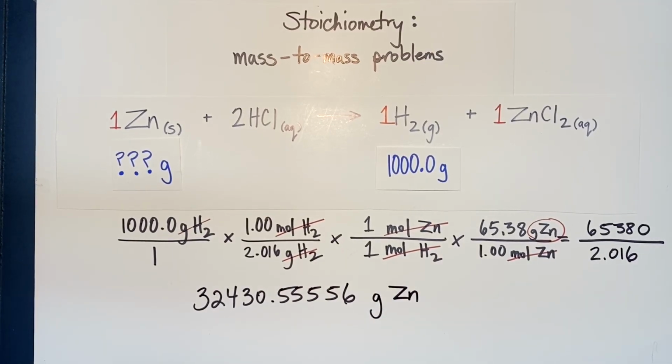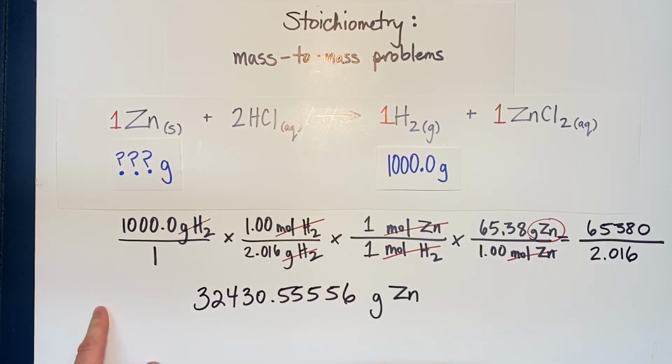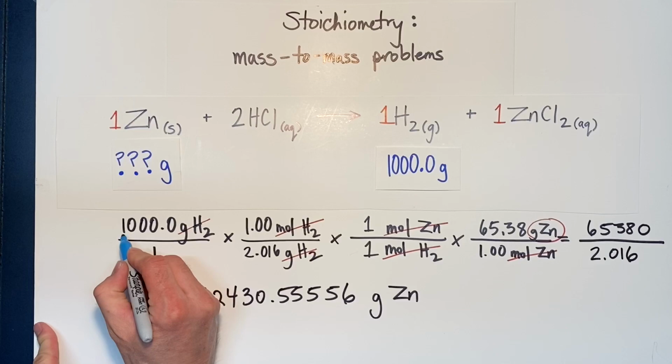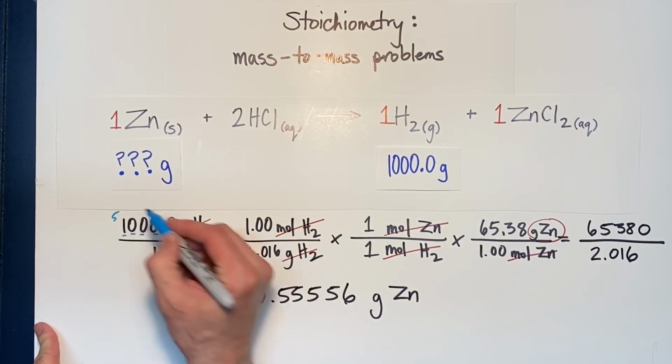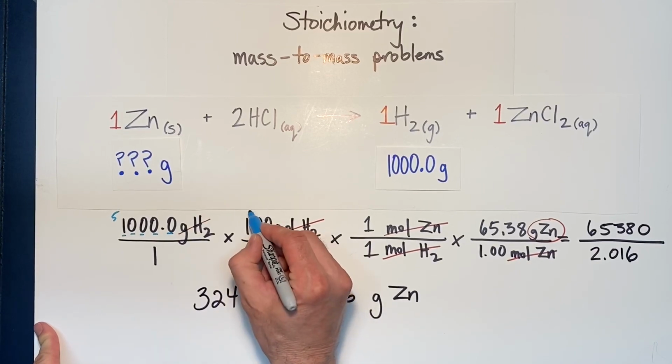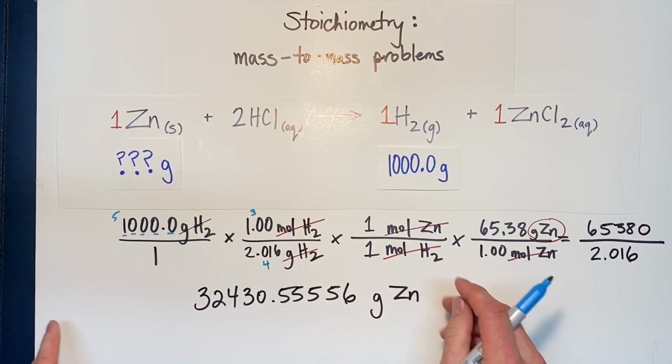So now what we need to do is round our answer to the correct number of significant figures. To do that, we go back to all of our measurements and we count their significant figures. 1, 2, 3, 4, 5 significant figures. 1, 2, 3 significant figures. 1, 2, 3, 4 significant figures. These are not measurements.